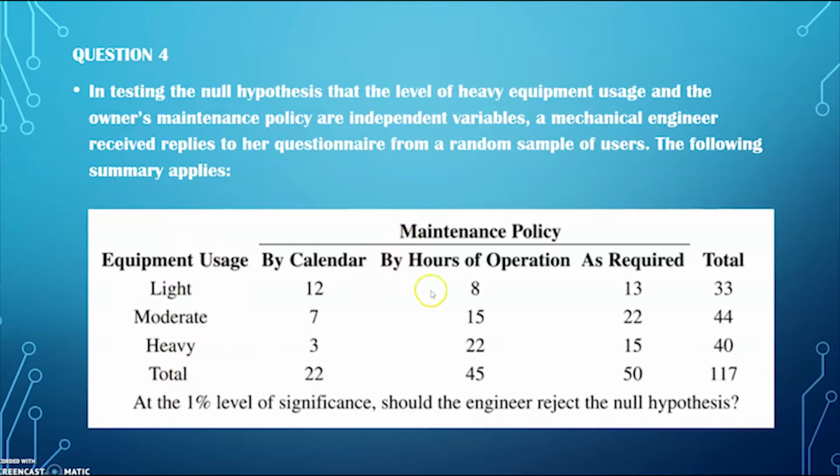And it's also divided into three columns: by calendar, by hours of operation, and as required. So these values are the observed values. So what is the question? The question is, at the 1% level of significance, should the engineer reject the null hypothesis?